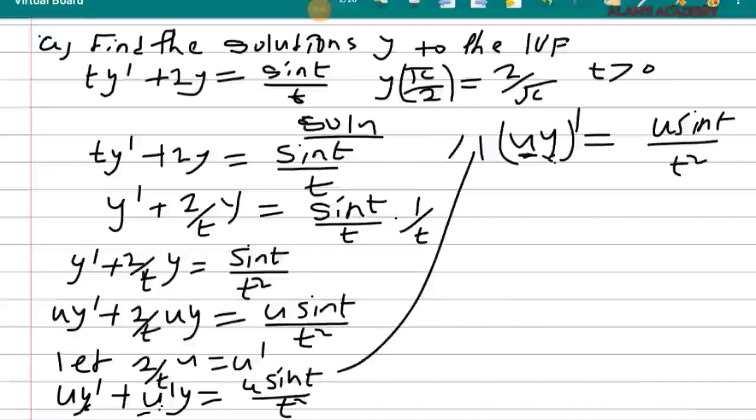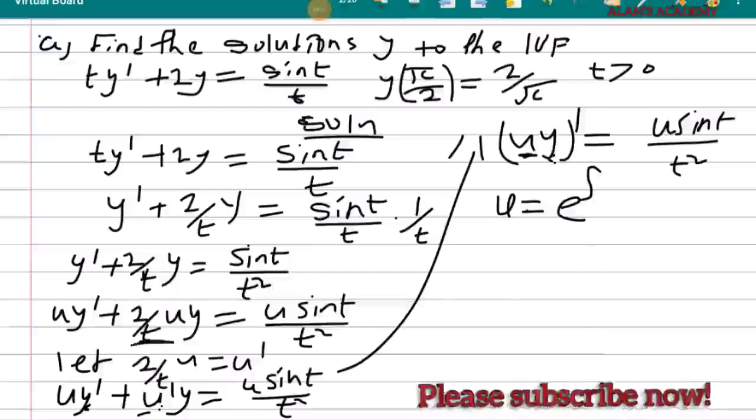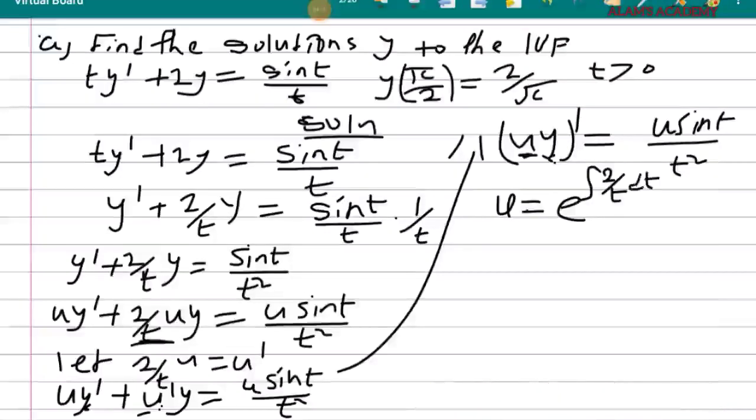Okay, so we now find u, but u is equal to e exponent the integral of the coefficient of y, which is 2 over t. So I have the integral of 2 over t dt, which implies that u will be equal to e exponent 2 ln of t.